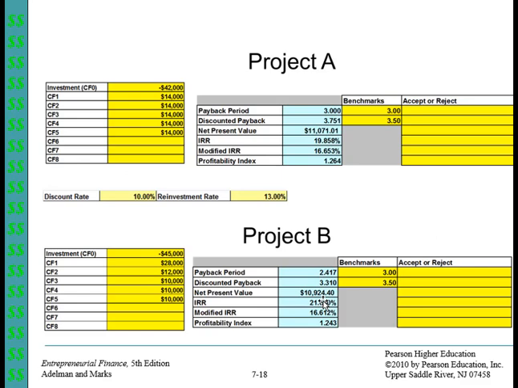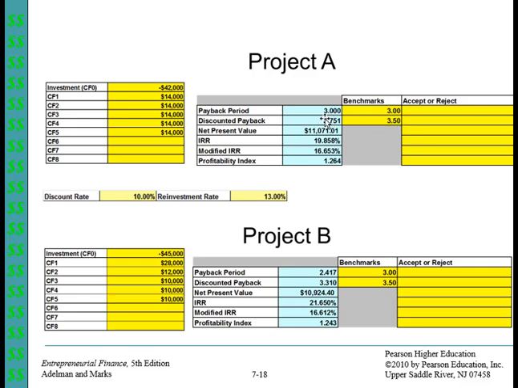So if we look at these two projects, Project A, we have a discount rate of 10%. Remember, the discount rate, that is the weighted average cost of capital. It reflects the cost of financing this project. Project A has a payback period of 3 years, and we want 3 years.